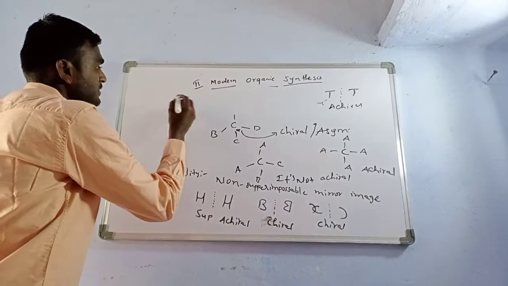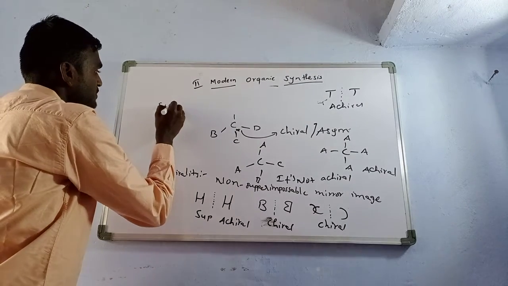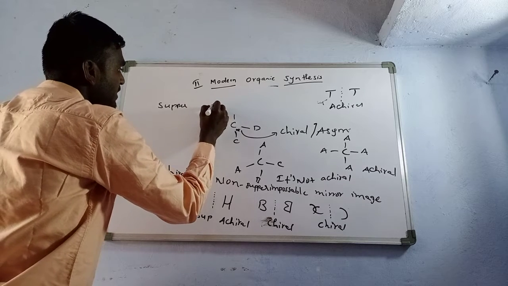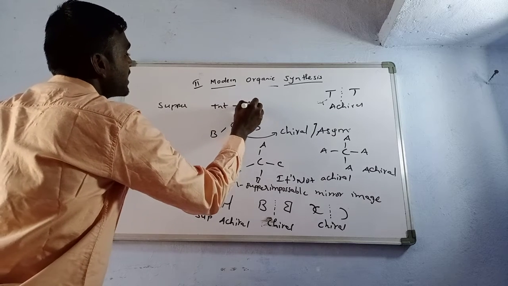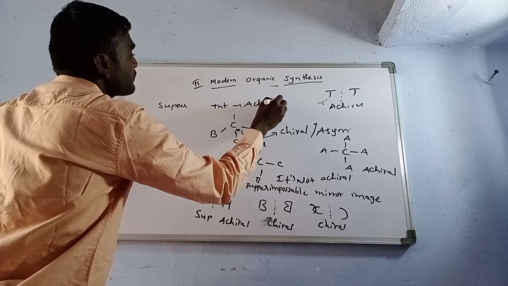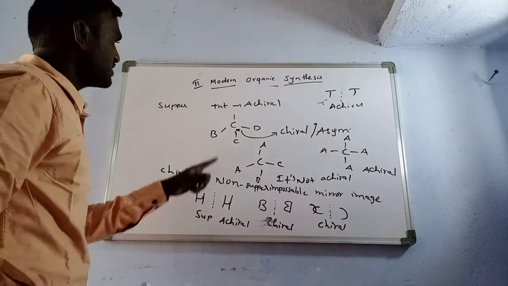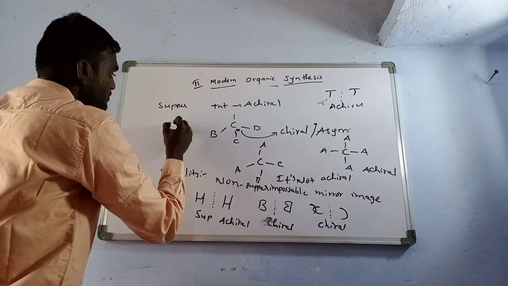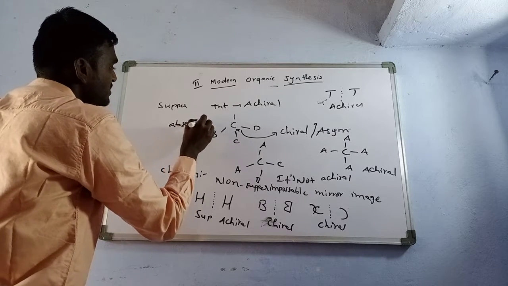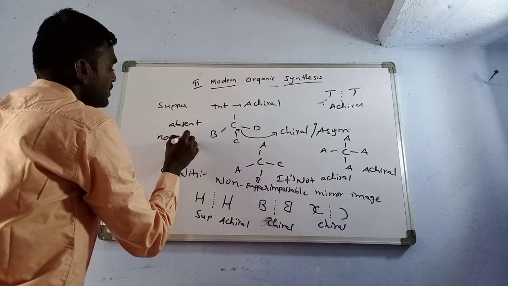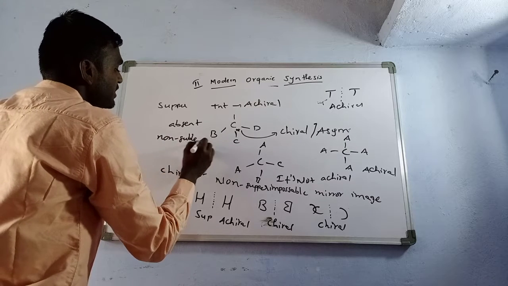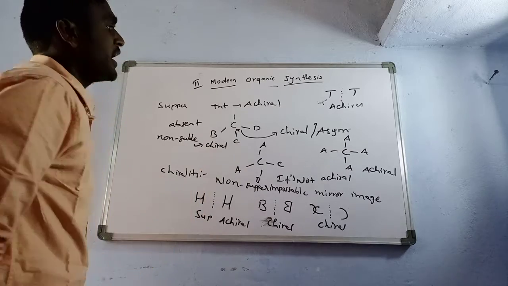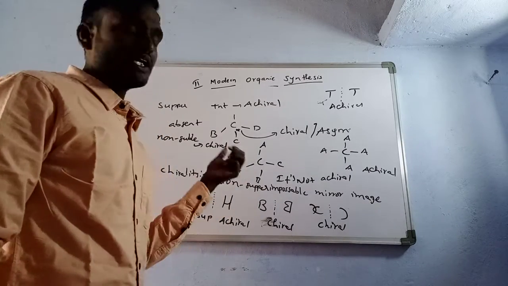So for chirality, whenever superimposability is present, the molecule is achiral. Whenever superimposability is absent, that means these are non-superimposable, and a non-superimposable mirror image relationship means a chiral molecule. And a chiral molecule is optically active.